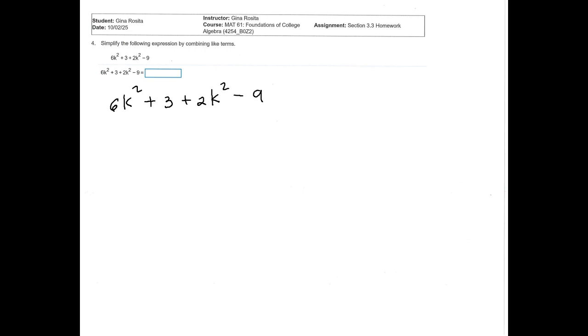So 6k squared plus 2k squared. And I put the numbers together: plus 3 minus 9. Okay, so the answer becomes 6 plus 2, which is 8k squared. 3 minus 9 is negative 6. Okay, this is for number 4.